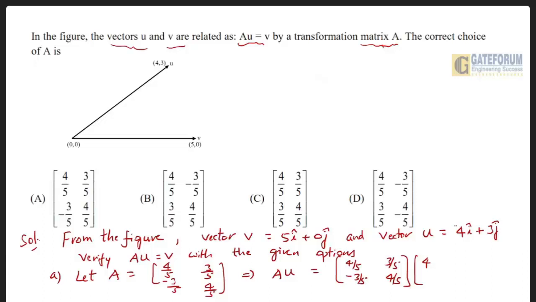Every vector can be represented as a 3-dimensional point or 2-dimensional point depending on i, j, k. That point can be written again as a row matrix or column matrix, 4, 3. So this first row into this column, second row into this column.